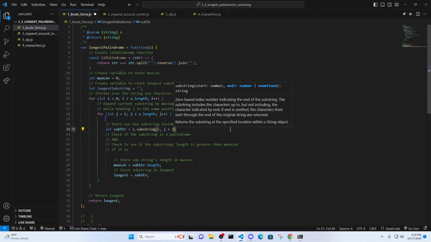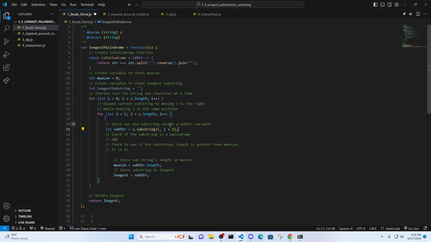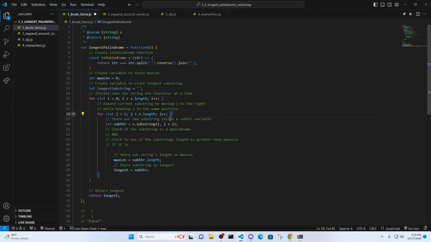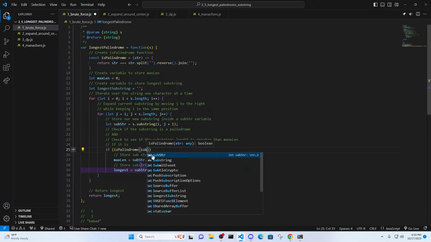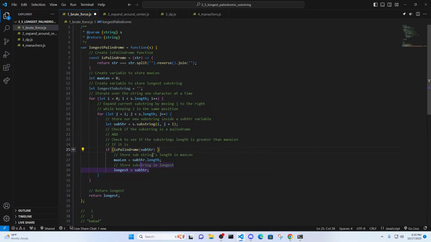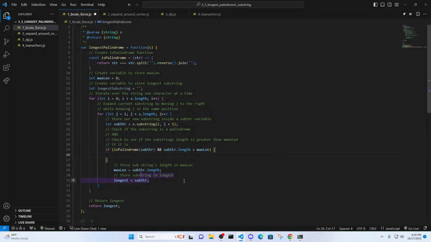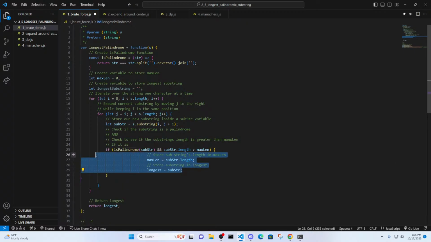So that's our substring. If it's a palindrome substring and substring.length is greater than maxLength, then we'll do that.